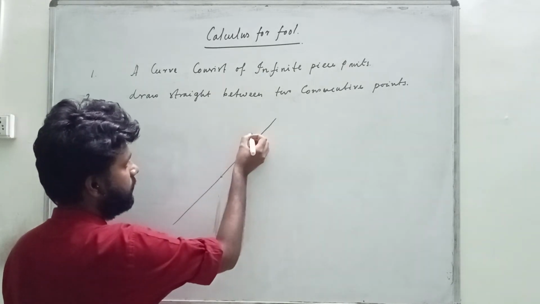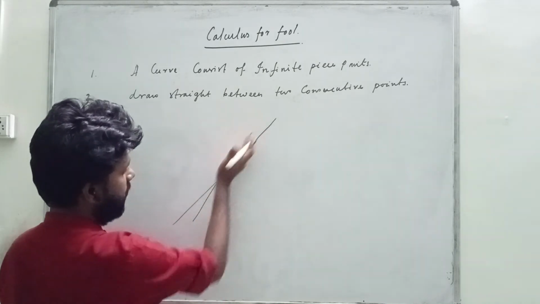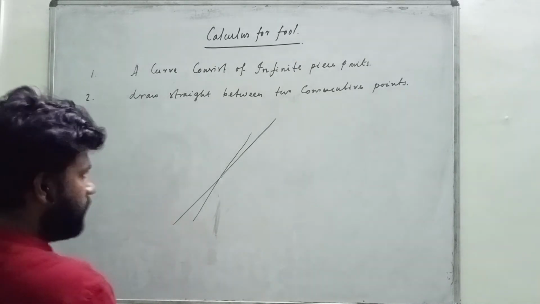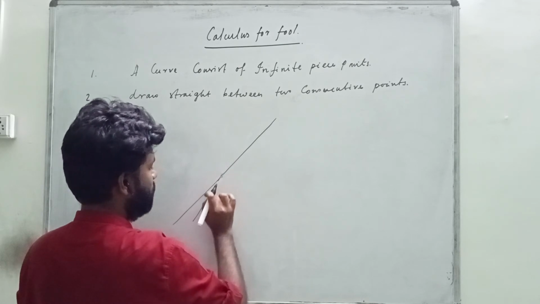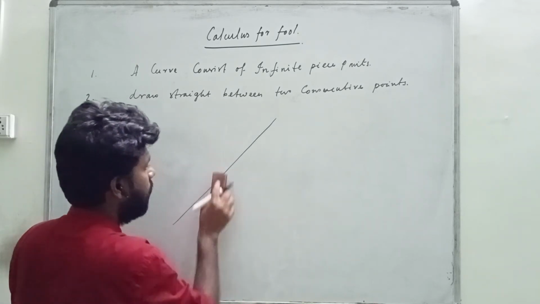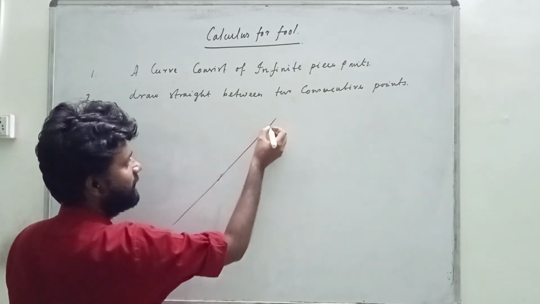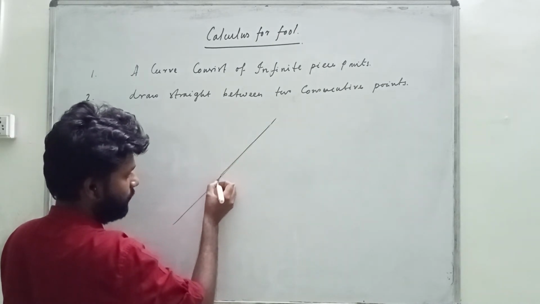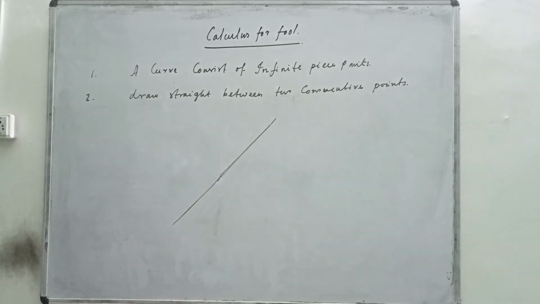If you draw this straight line, it is not a tangent because it cuts this straight line at this point, right? So actually, the tangent at this point on the straight line is the straight line itself. It is because this line just touches the points. It is a tangent, right?